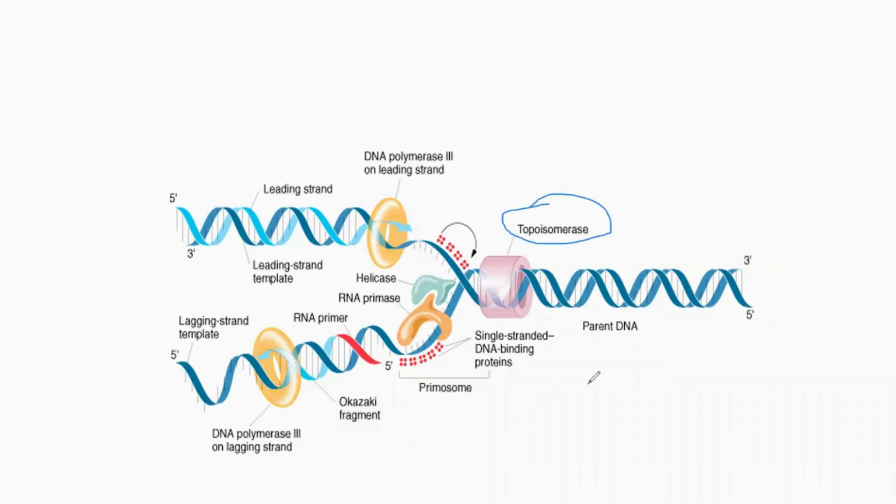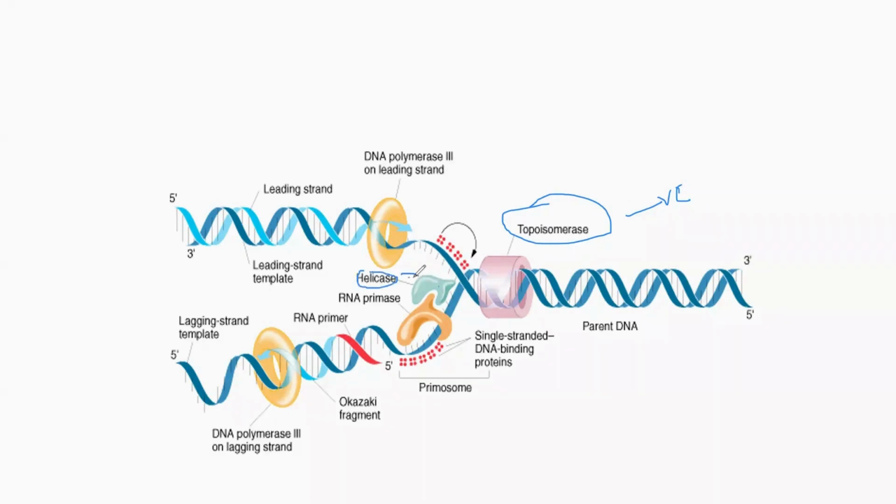I already told you the function of this protein, which is the conversion of the positive supercoiled form of the DNA molecule into the negative supercoiled form. So this DNA molecule will be ready for the DNA replication. And here the next enzyme is the helicase enzyme. You can see it here in this figure.